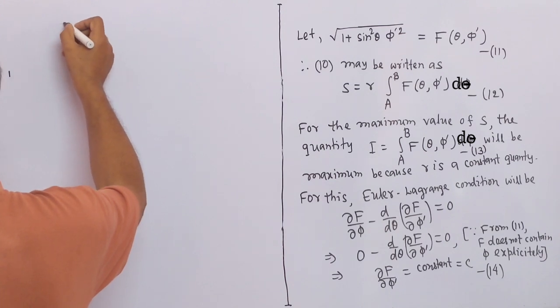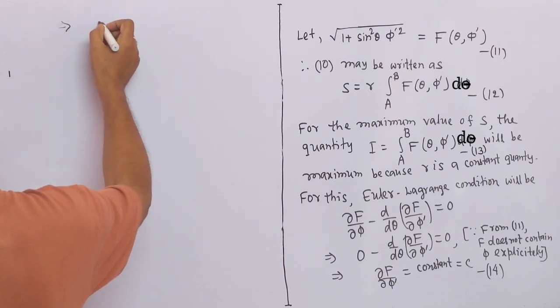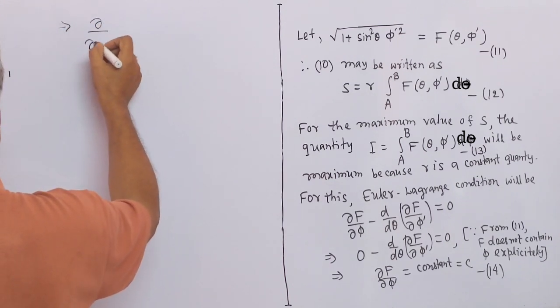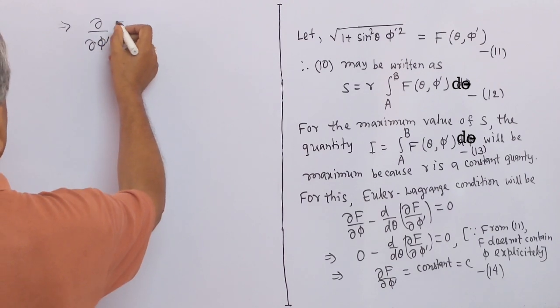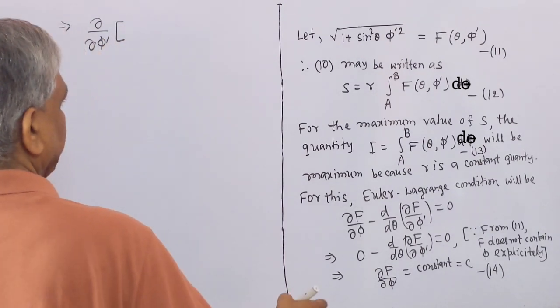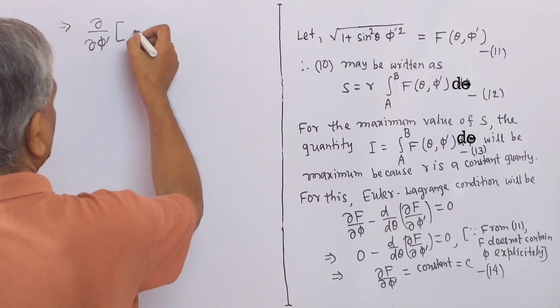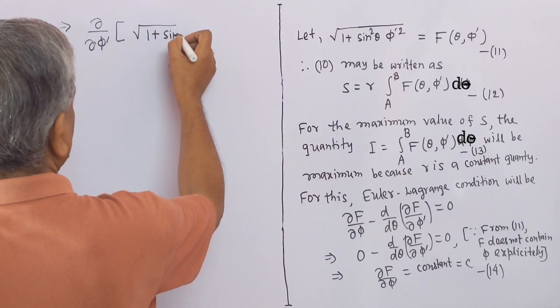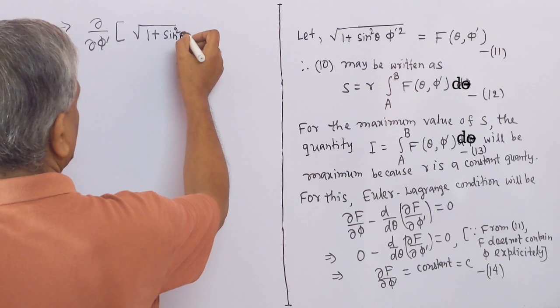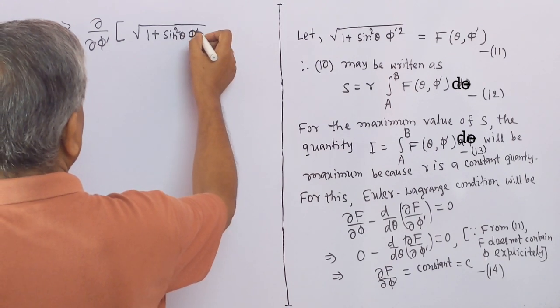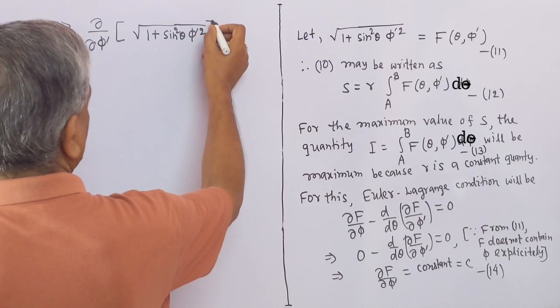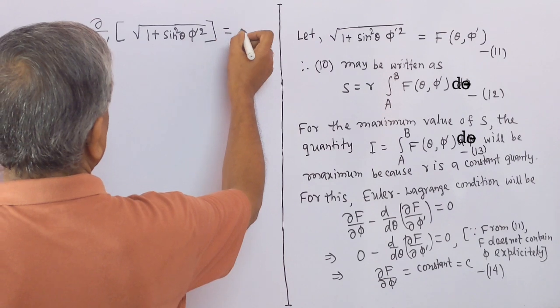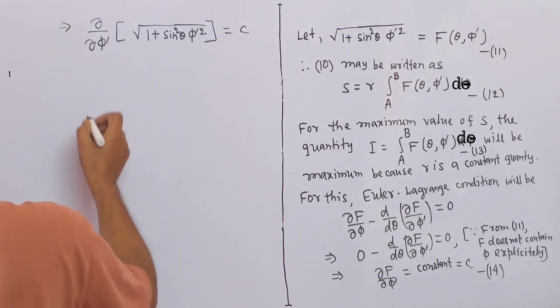Implies that the partial derivative with respect to phi prime, where the value of f is square root of 1 plus sin square theta phi prime square, is equal to C, constant.